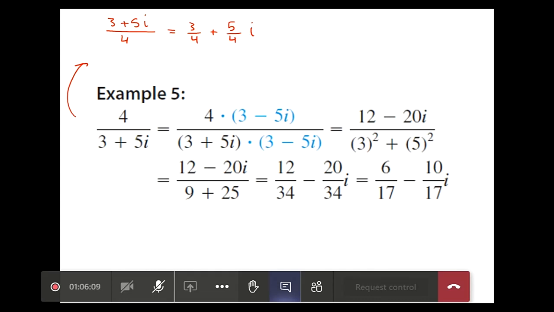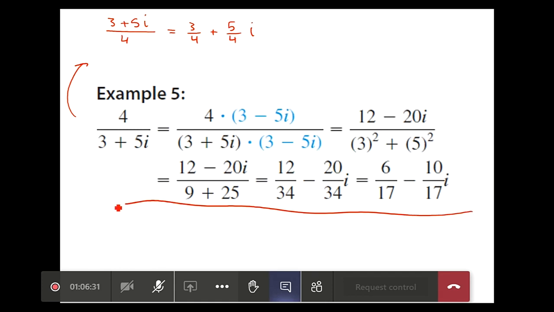Okay? But if we have a complex number in the denominator, or in both numerator and denominator, we need to multiply by the conjugate. Look at this.